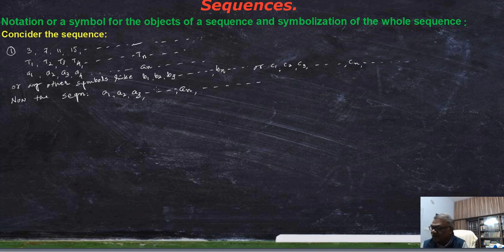Now, as a whole sequence, how to write in the symbolic manner, that is, we write An, n equal to 1 to infinity, if it is an infinite sequence, or An, 1 to n, if it is a finite sequence.